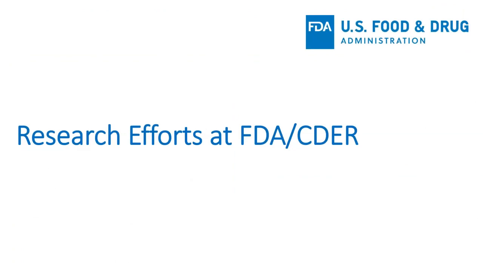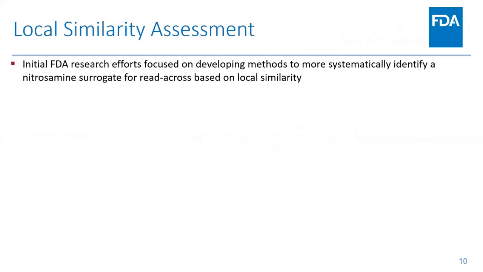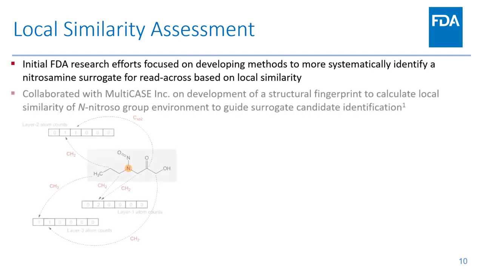So that really led to some of the research efforts at FDA CDER. In our initial work, we focused on ways to more systematically identify an appropriate surrogate that could be used to read across to our untested NDSRI by focusing more on local similarity around the nitroso group environment rather than global similarity, which is typically the method that was available at that time.